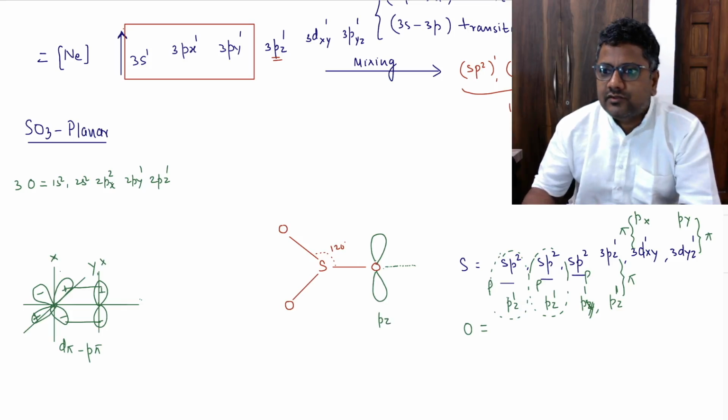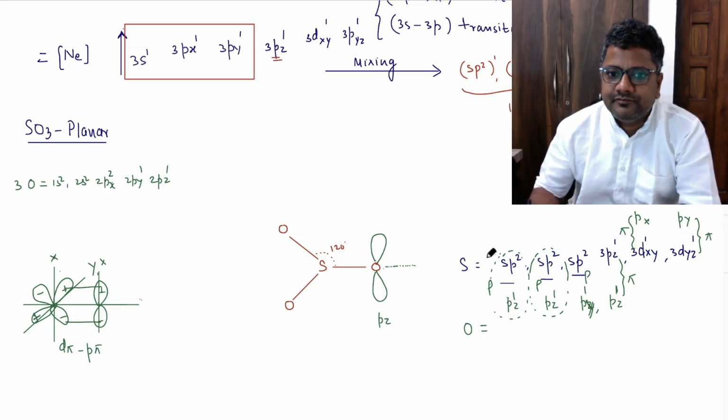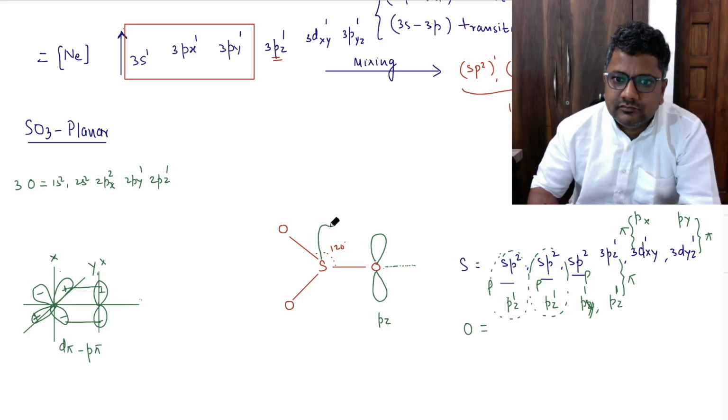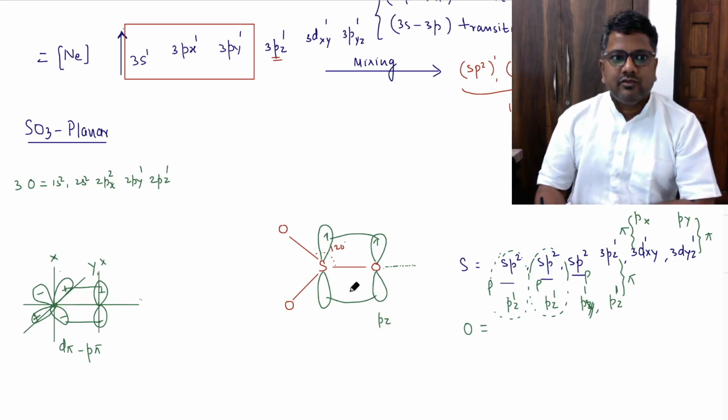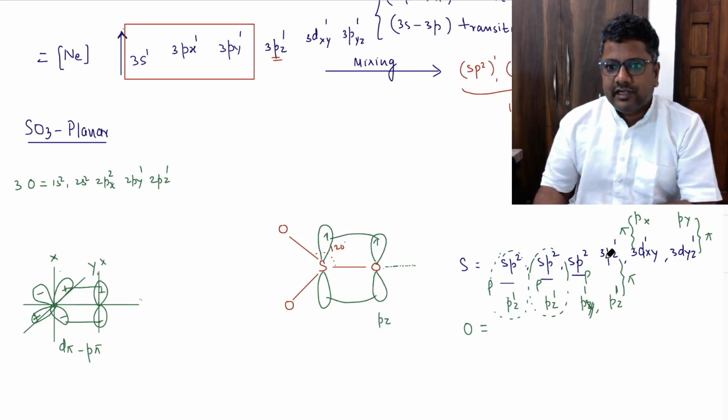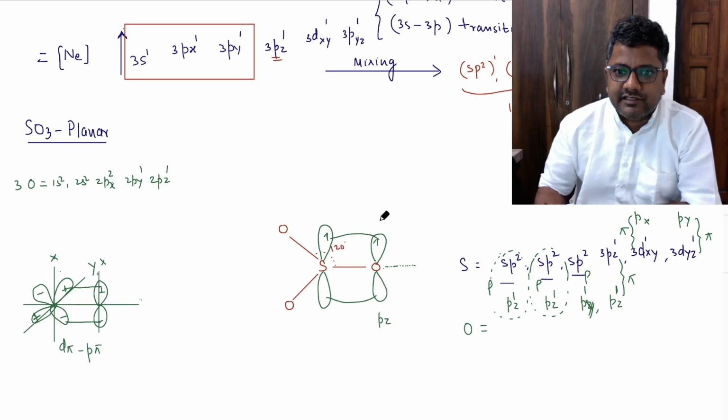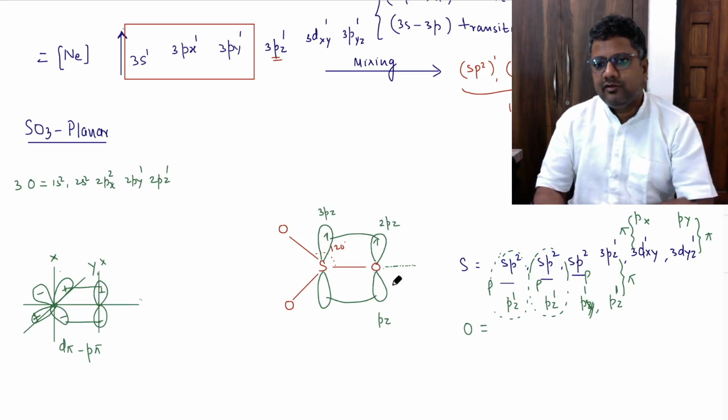So sulfur also has one PZ, one electron both. They will overlap and form a pi. So this is one oxygen atom which has 2 pz, and this is 3 pz. See, this is 2 pz and this is 3 pz. They will form the pi.